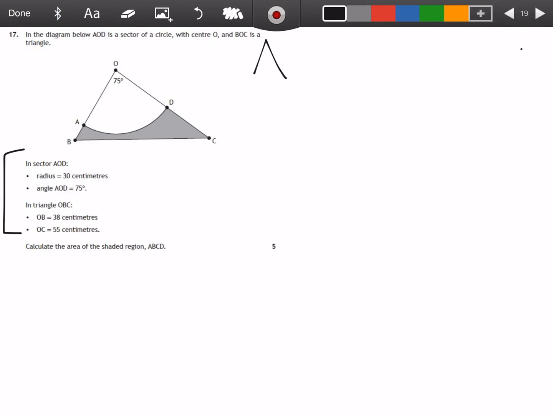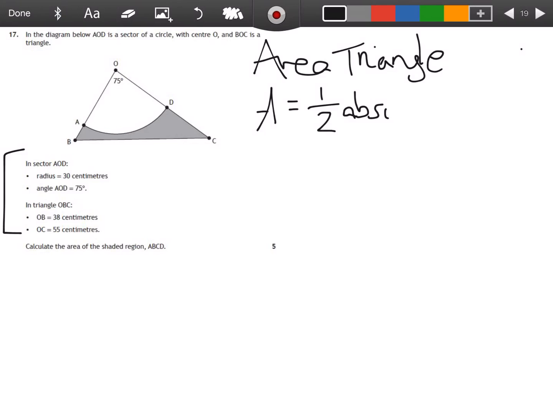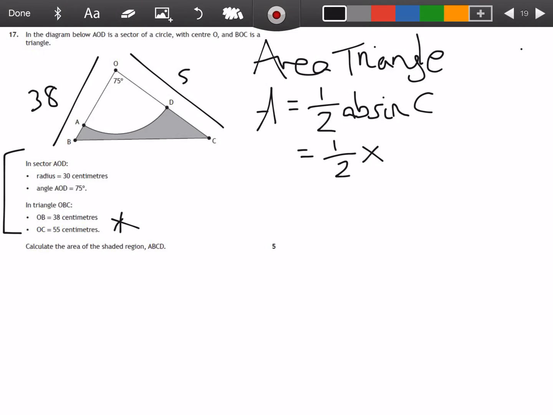So, area of the triangle. You've got an area of a triangle formula. The area of a triangle is a half ab sine C from your formula list. A and B are the two sides of the triangle. What are the two sides of the triangle? It actually tells you. O to B is 38, it tells you down here, and O to C is 55.